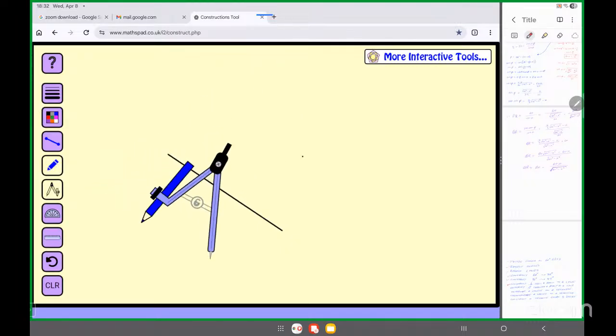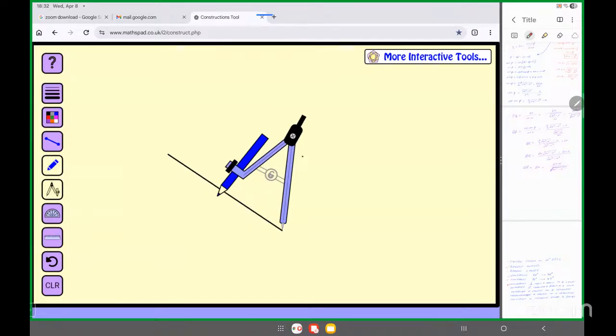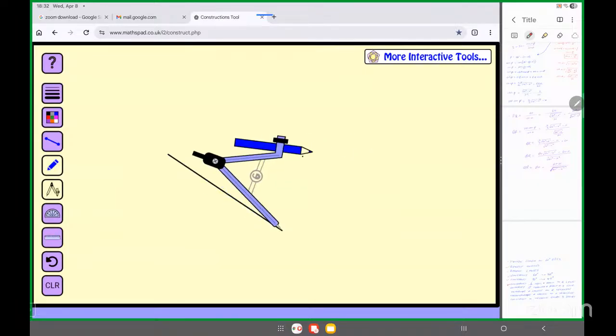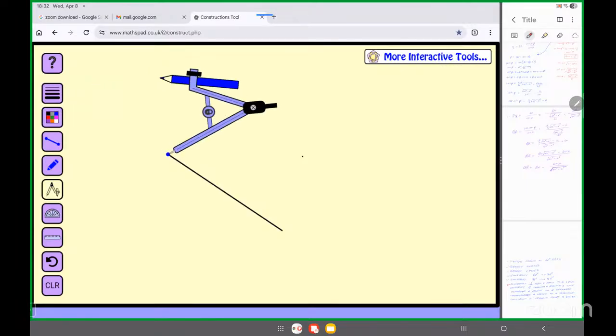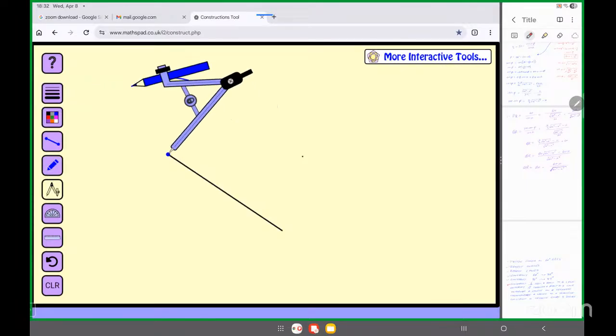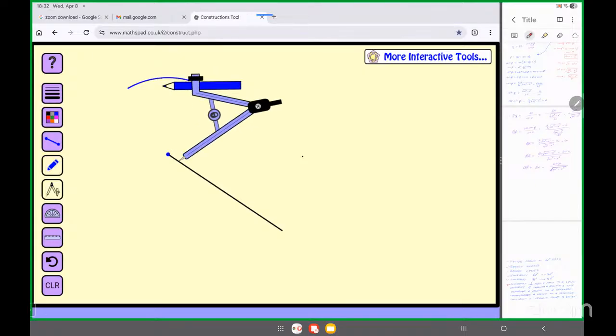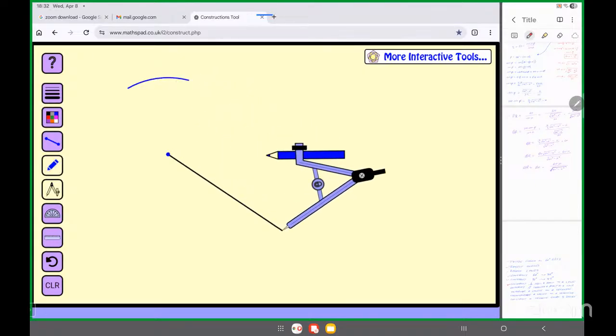I need to get this distance from the line to the point on the compass. Transfer that distance over here. Make an arc. Then I want to transfer the length of this line.